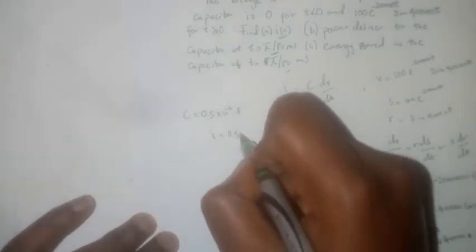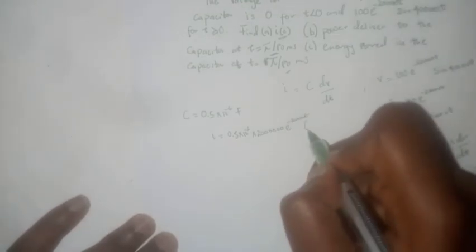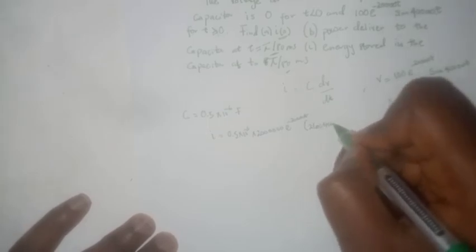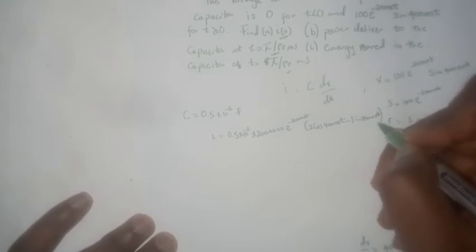I would be equal to 0.5 times 10 raised to the power minus 6 times 2 million e raised to the power minus 20,000 t times 2 cos 40,000 t minus sine 40,000 t.